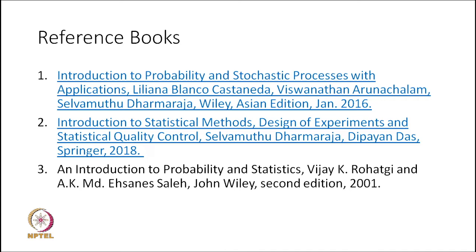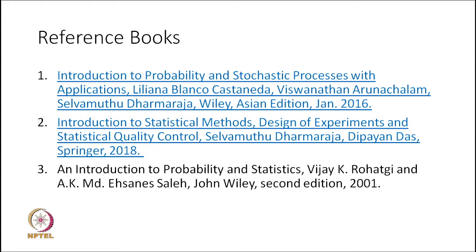As a reference for this course, I have limited to only 3 important books. The first one is a book by Liliana Arunachalam and myself, Introduction to Probability and Stochastic Processes with Applications.